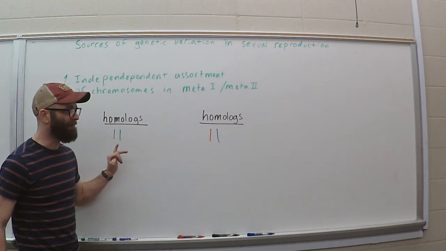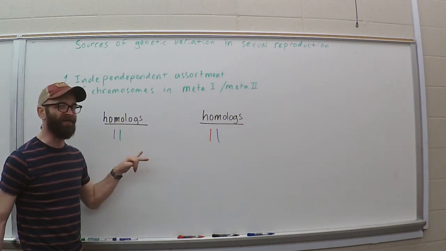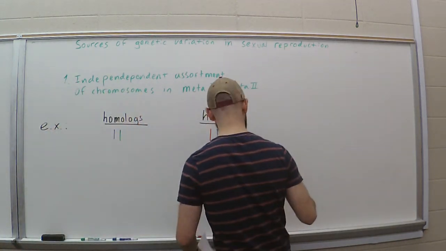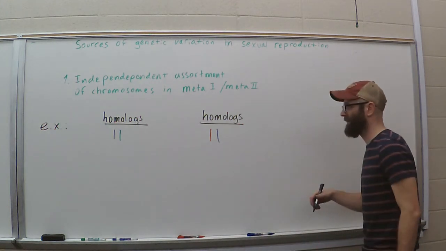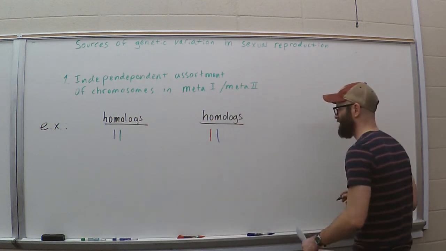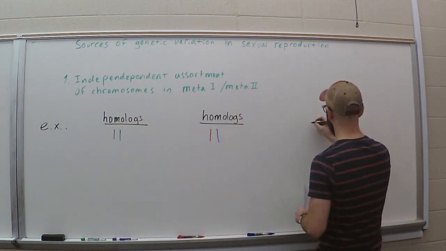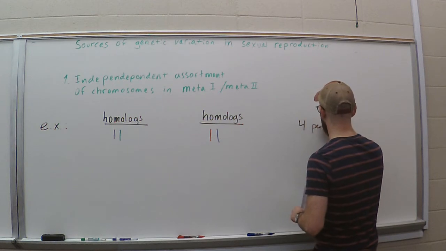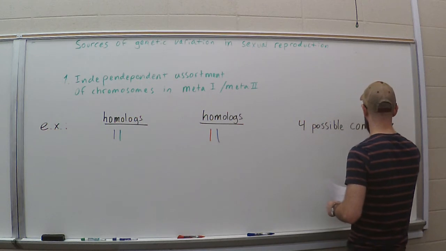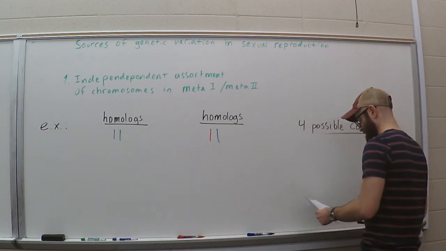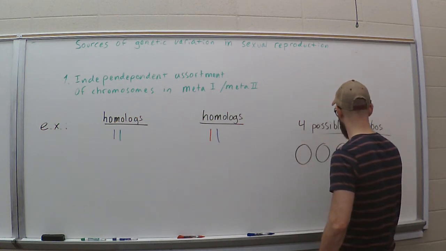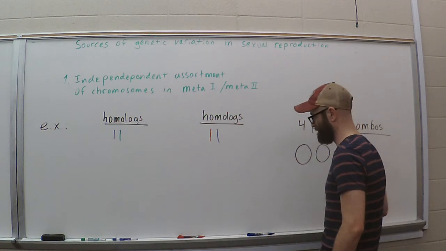And if this diploid cell were to go through meiosis to produce gametes, there are 4 possible combinations of chromosomes that can go into the gametes. 1, 2, 3, 4.